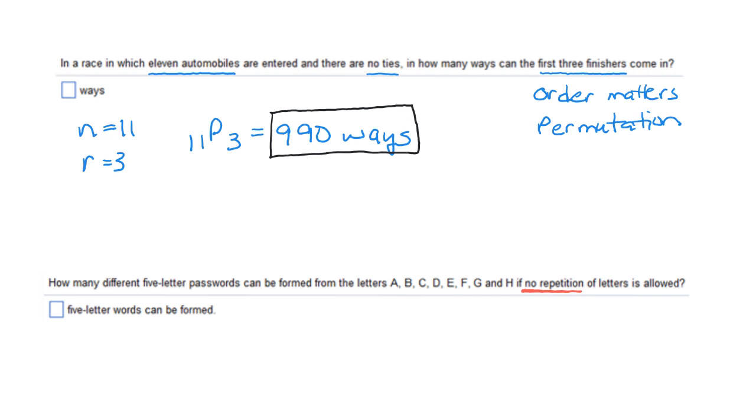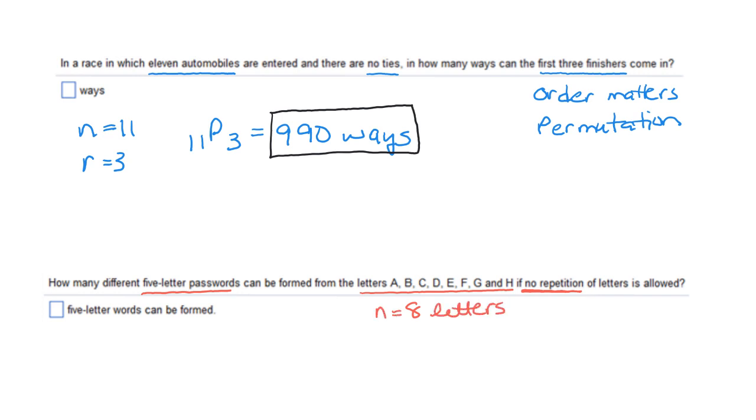We have a 5-letter password, and then we have some letters here. So we know we're going to choose 5-letter passwords, so we're choosing 5 at a time, but we're choosing from how many letters? So let's count these, starting with your A. 1, 2, 3, 4, 5, 6, 7, and 8. So there are 8 letters here to choose from.